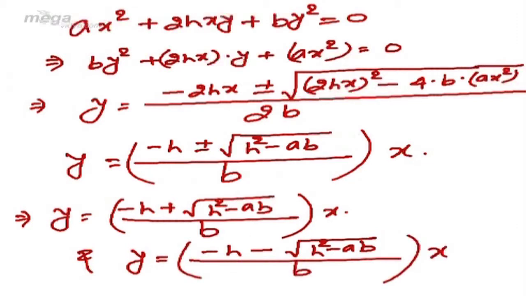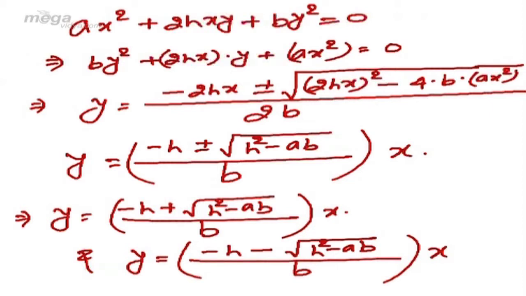This is a linear equation because this whole thing is a constant. If we consider that constant as m, then you can say y is equal to mx, and this is in the form of y equal to mx plus c. So this equation will represent a straight line.